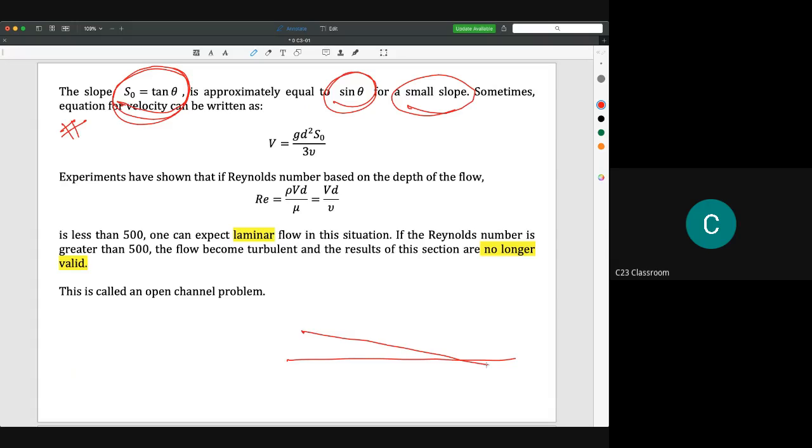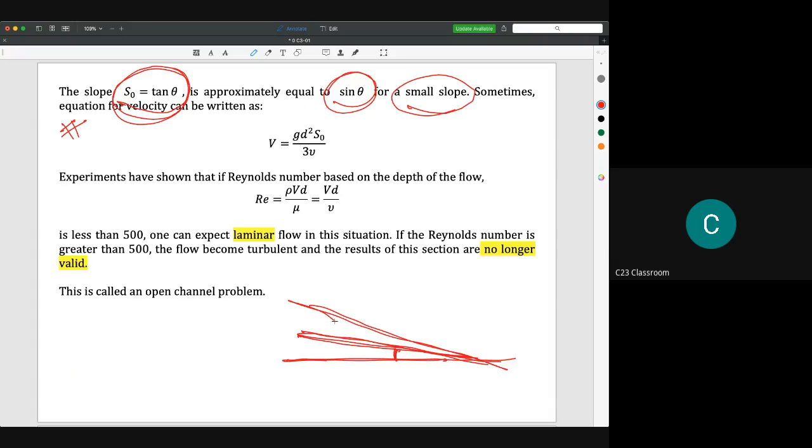So you may design the slope at a very small angle here. Why? Because if the angle is very high, for example 3 degrees, your water velocity will become high and it will start to cause erosion.